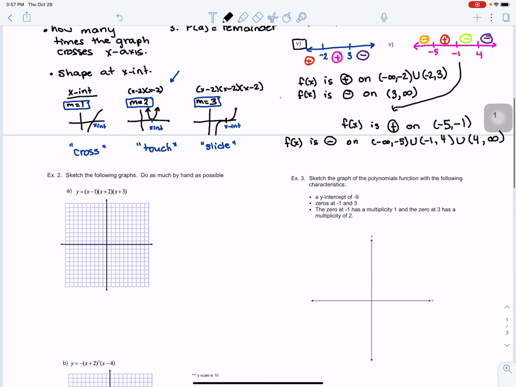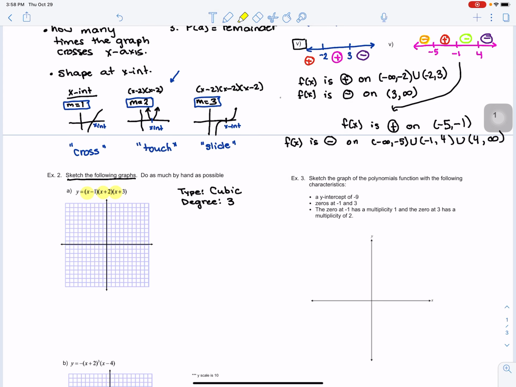Now it says to sketch the graph. So I give you a formula and you need to sketch it, and it says do as much by hand as possible. So I know my type is going to be x, x, x. Multiply all those x's together and I get x to the power of 3, which is a cubic function, which means I know my degree is 3.